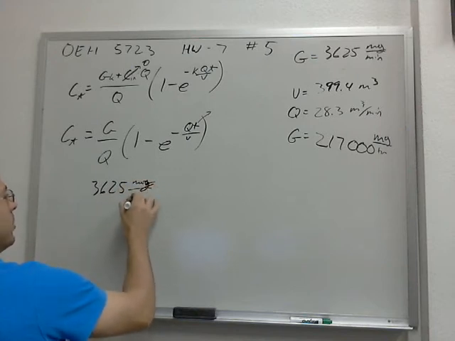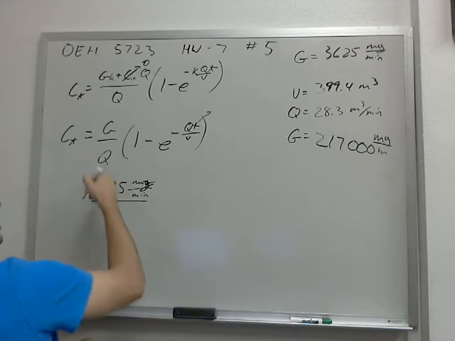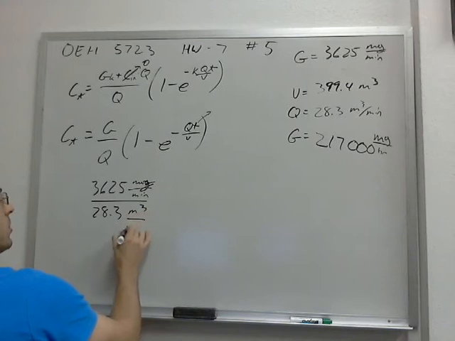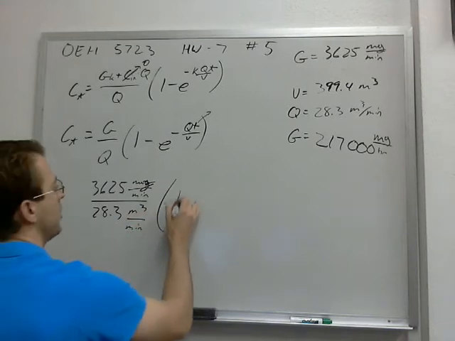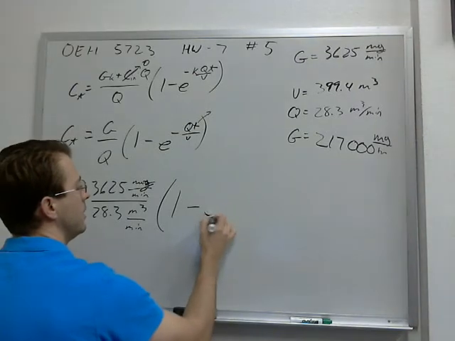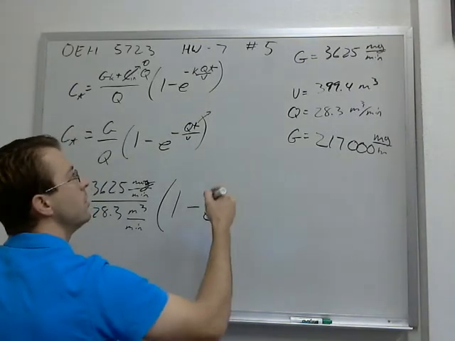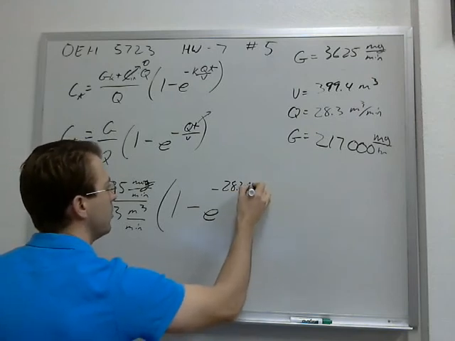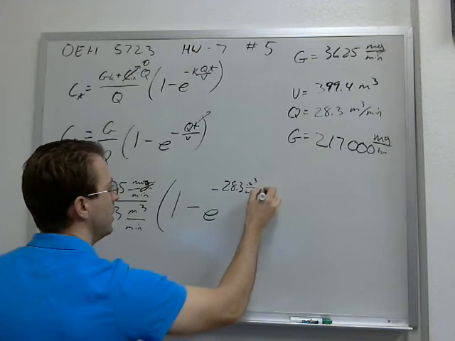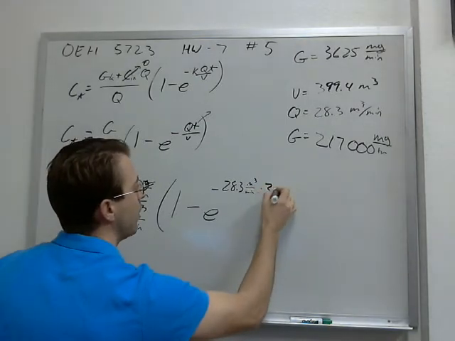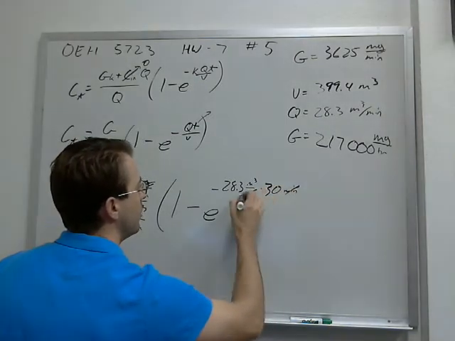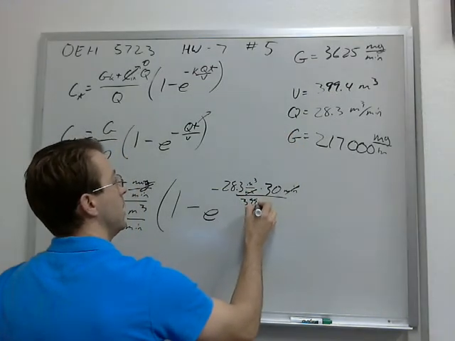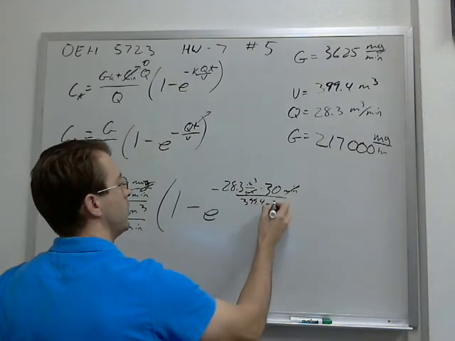milligrams per minute divided by a flow rate of 28.3 cubic meters per minute multiplied by 1 times e to the minus q, which is 28.3 cubic meters per minute multiplied by time, 30 minutes, divide by volume, which is 399.4 cubic meters.